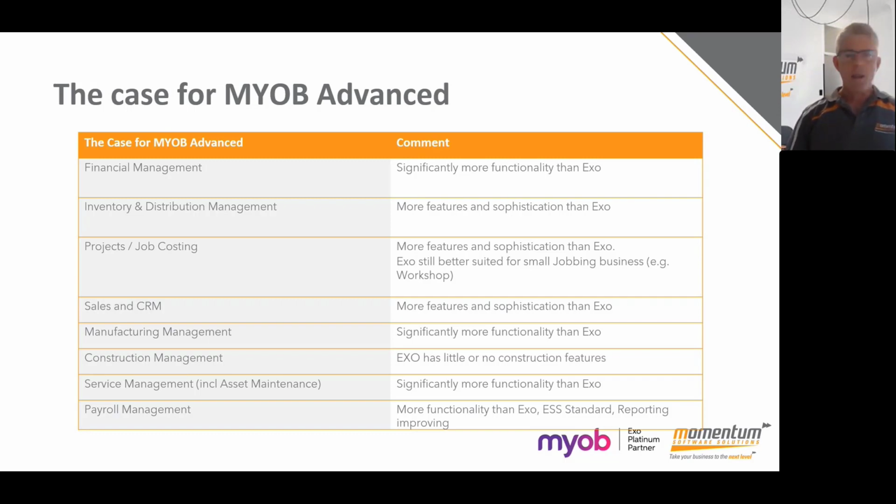Manufacturing. I would say Exo can do manufacturing in two ways. You have a work order feature, which I would describe as basic assembly, and you can do manufacturing through job costing, neither of which handle a routing through your factory or workshop overly well, and neither of which have a full MRP capability where you might say, to make this finished good, I need certain quantities of sub-assemblies that I need to pre-make, and to make those I need certain quantities of raw materials.